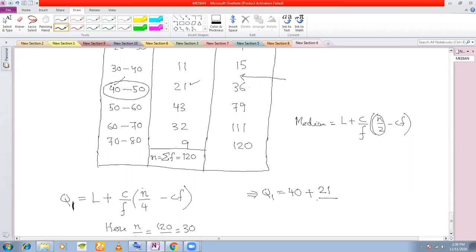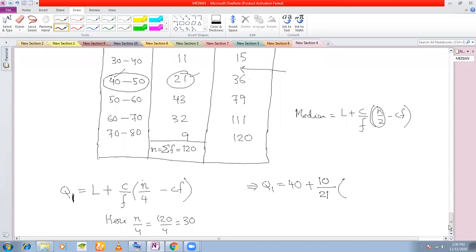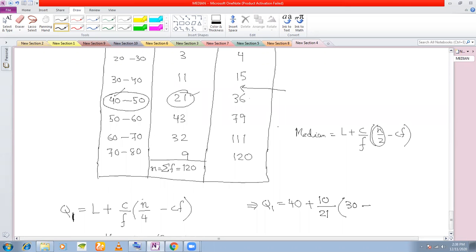Divided by, I'm sorry, this is the class width. C is the class width. 40 to 50. Class width 10. Frequency 21. This is your frequency. Into N by 4. What is the value of N by 4 we have found out? 30. Minus cumulative frequency just above this class.